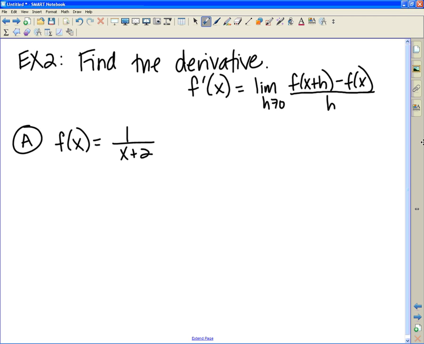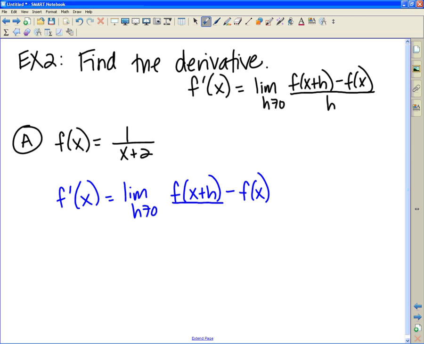You're going to say f prime of x, because I want you to get into the notation, is the limit as h approaches 0 of f of x plus h minus f of x all over h. Then you can go over to the side and start your step 1, step 2, and step 3.